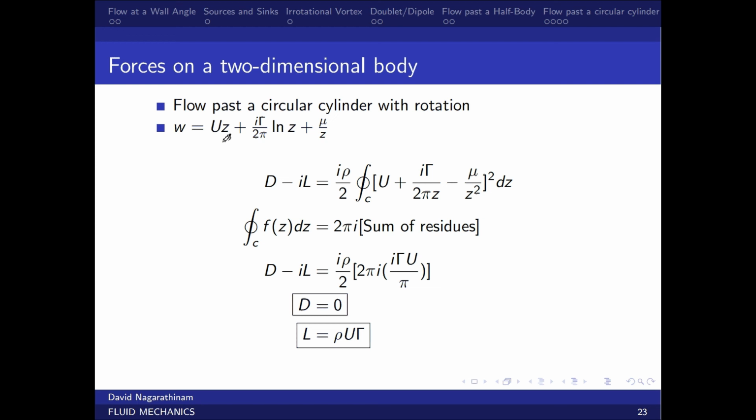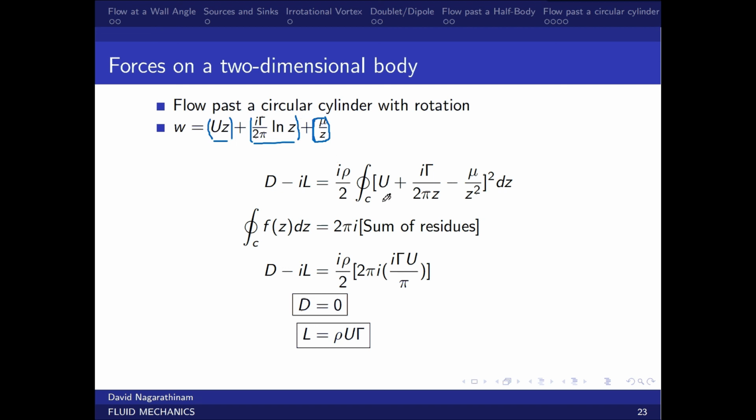We learned that it can be represented by the sum of a free stream, or a uniform flow, which is represented by the complex potential U z, and a doublet flow, which is going to be represented by the complex potential of the form shown here, whereas there is a vortex flow which is going to be represented by the form i gamma by 2 pi ln of z.